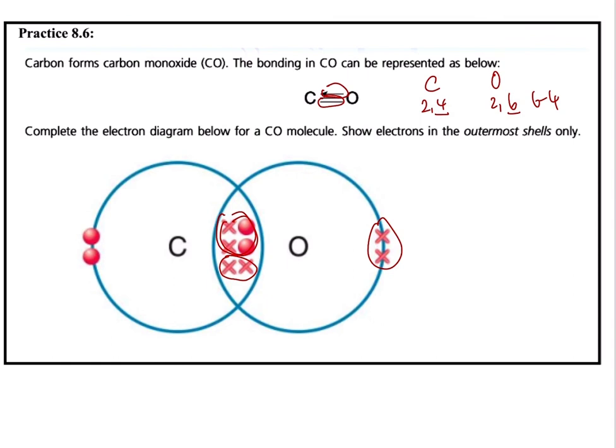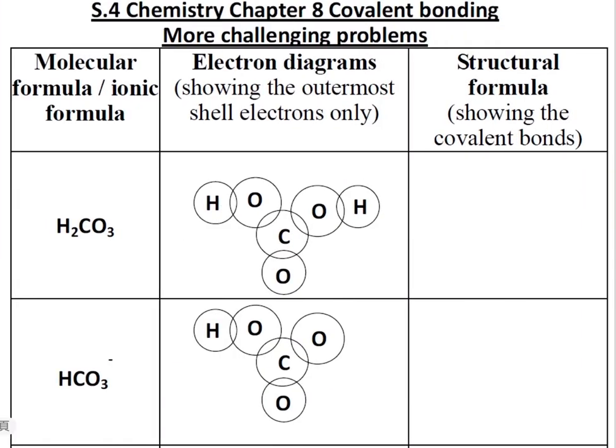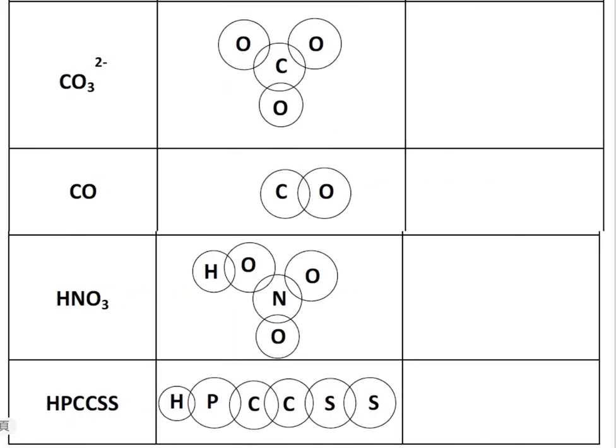Then you can count the number of electrons, 1, 2, 3, 4, 5, 6, 7, 8, and for O, 1, 2, 3, 4, 5, 6, 7, 8. So both of them attain the noble gas octet structure. Okay, these are the more challenging questions.